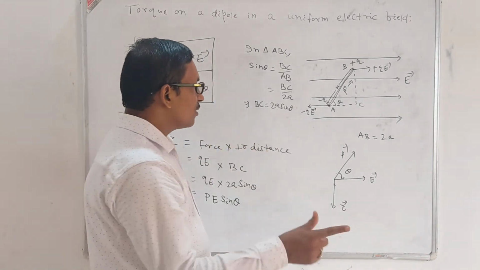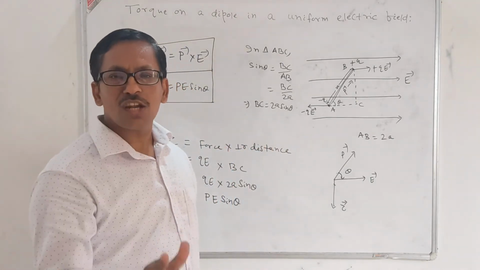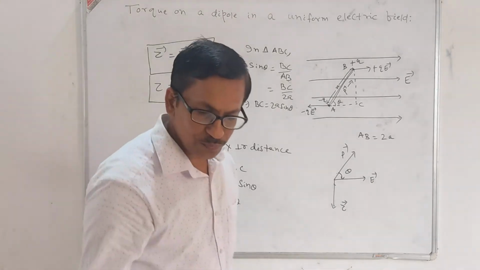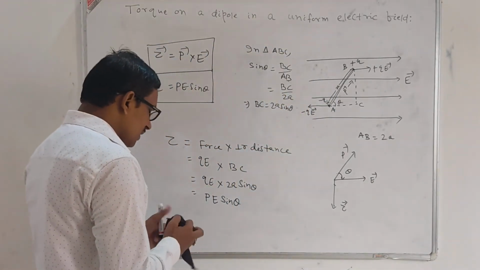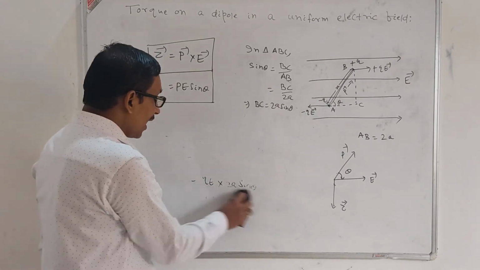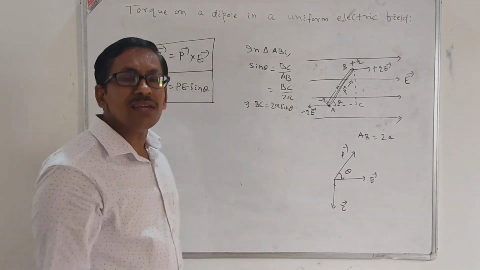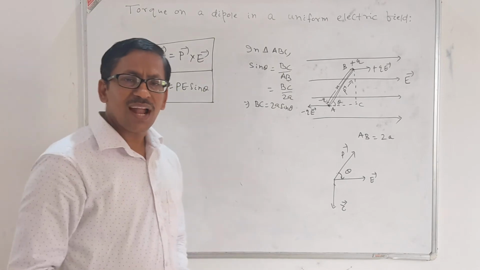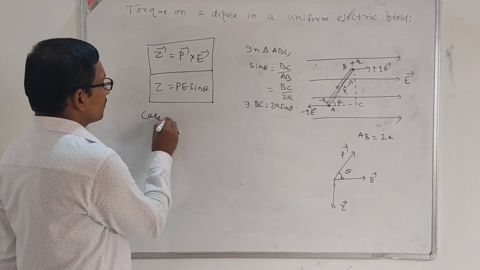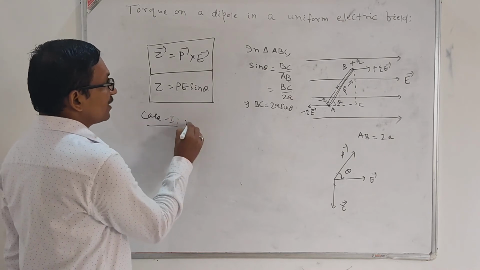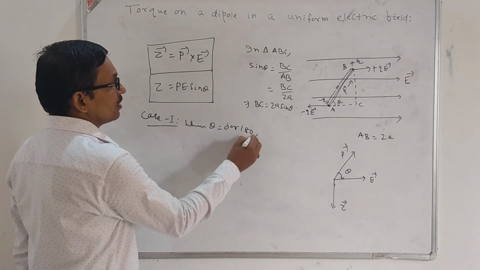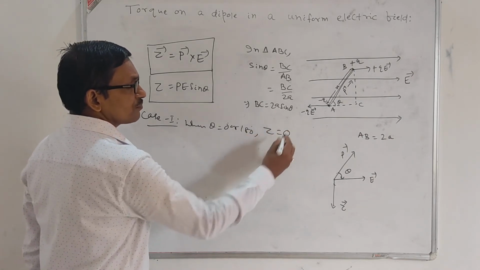So this is how you can get the direction of the torque, and the magnitude of the torque I have already given to you. Now let us see some special cases, in which case torque will be maximum and in which case torque will be minimum. Case 1, when theta is equal to 0 degree or 180 degree, torque is equal to 0.